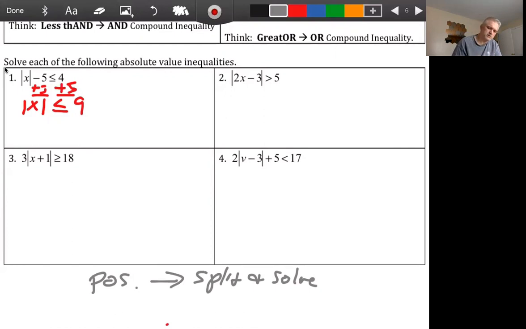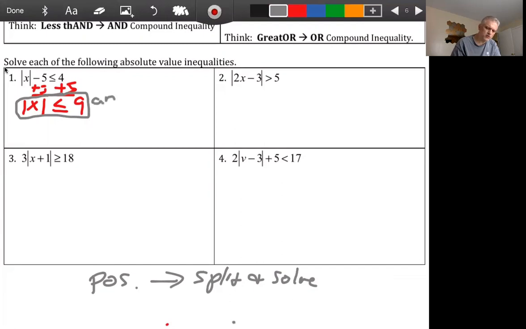Well, always go right back to here. What is this symbol? The absolute value of x is, now this is a less than or equal to. So because it's less than, it's going to be an and.